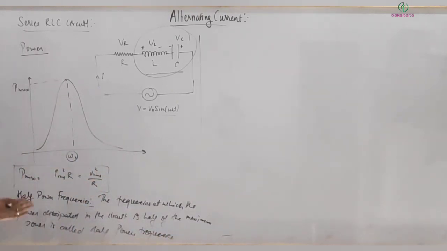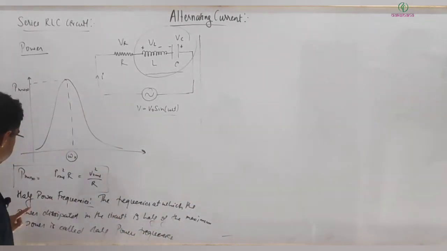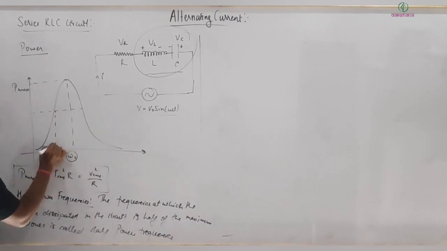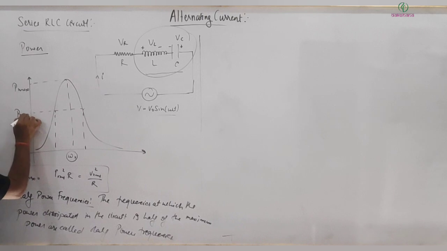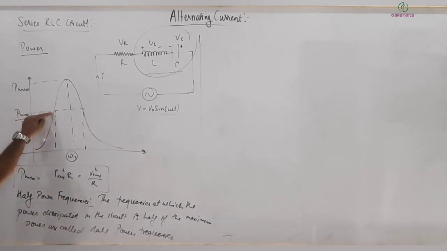Right, so let's calculate the half power frequency. One more thing, this is the maximum power. I can write half power frequency will be here something, so definitely there will be two frequencies actually, that's why I will write it so. This is P max by 2. We got P max this. And what about here?